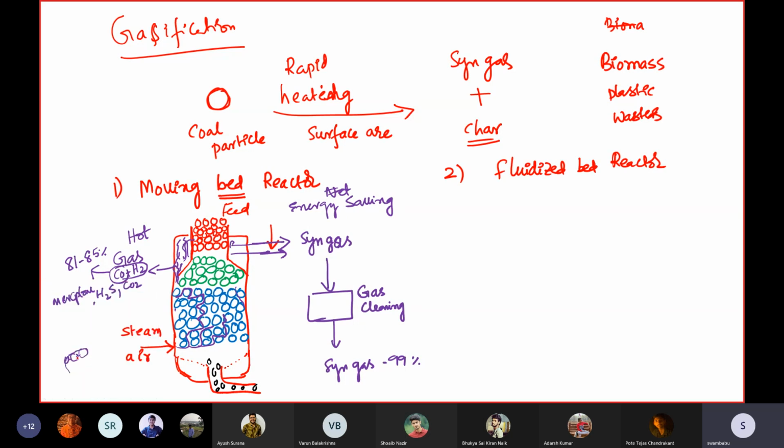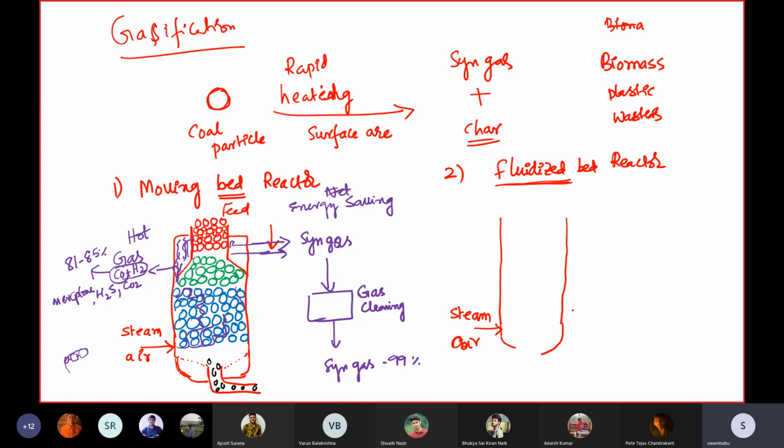So another type of reactor is the fluidized bed reactor. As the name suggests, here the coal particles are fluidized. So we again have a reactor like a cylindrical vessel, and from the bottom we are introducing steam and air.